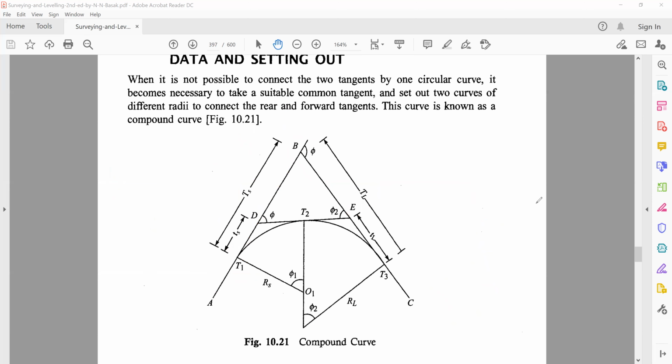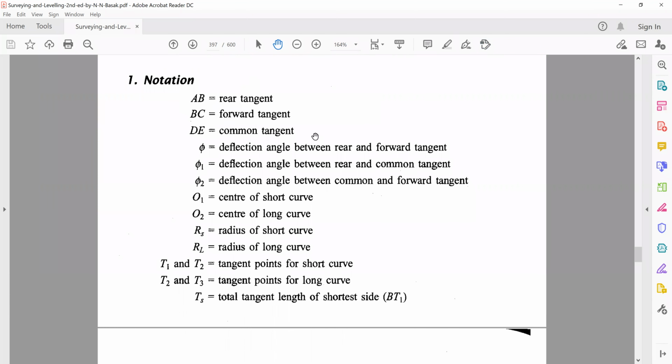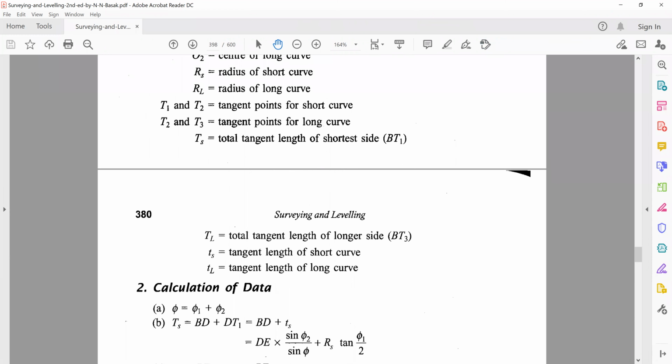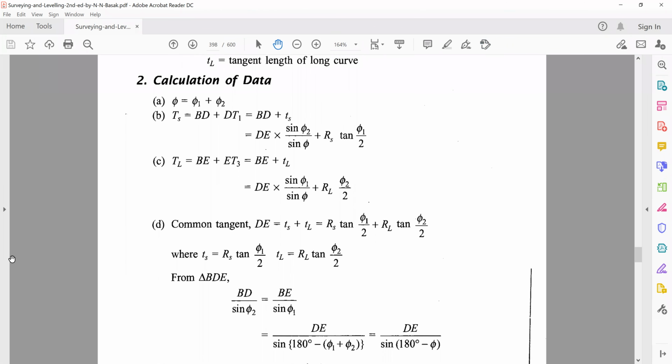So now let's see what are the different factors that we have to find out. So these are definitions. Some of them we have already discussed, and if not, I'll refer to those.